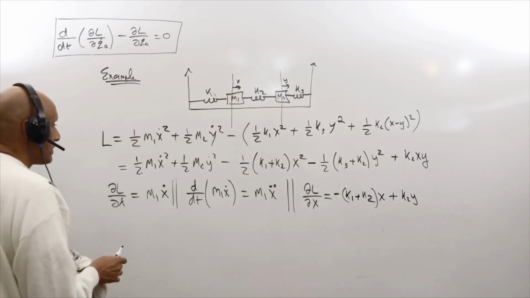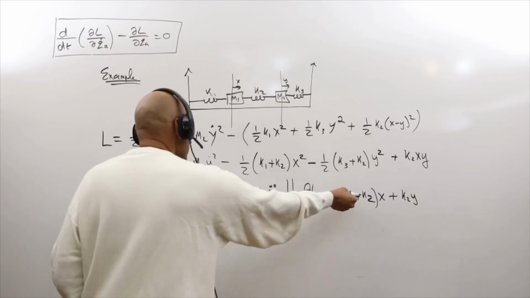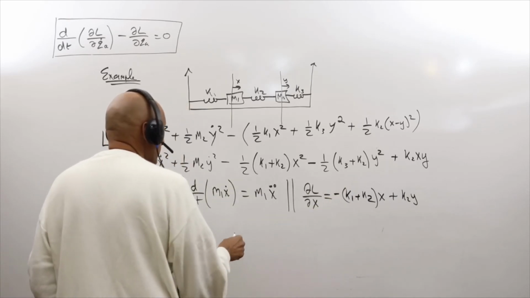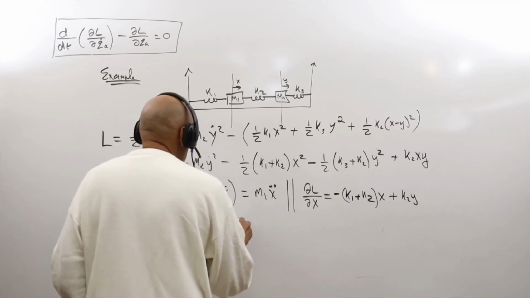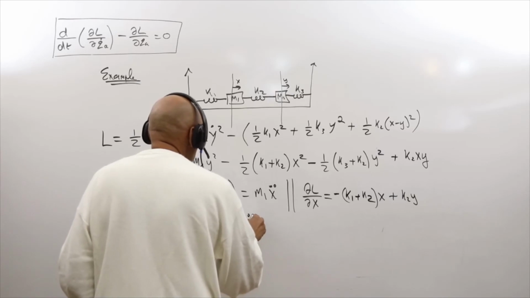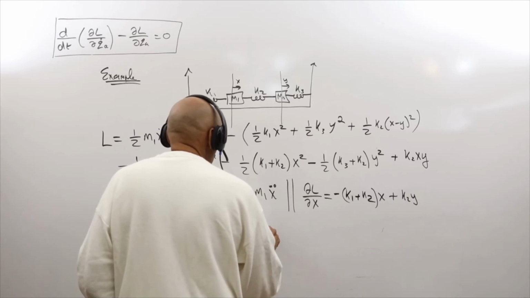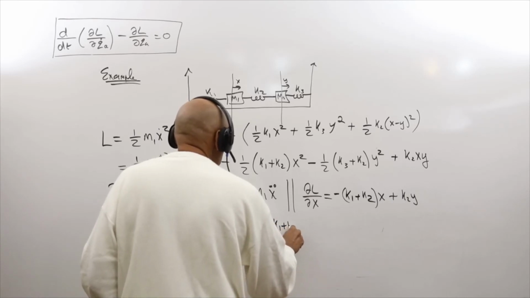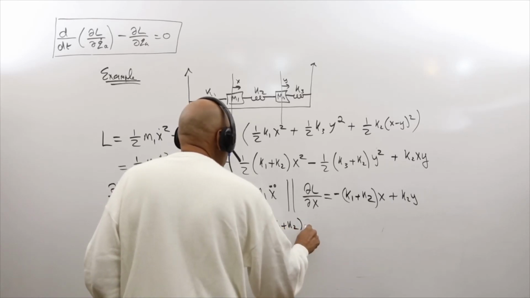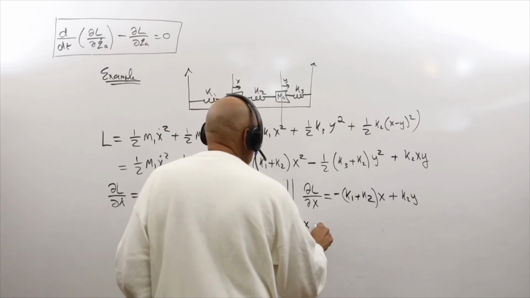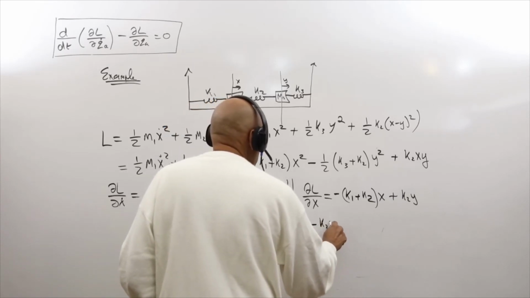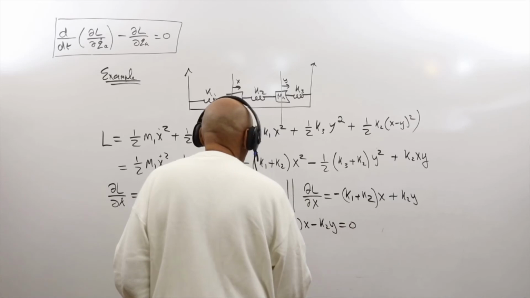And so we can say that this term minus this term is equal to 0. And so we get m1 x double dot minus (k1 plus k2) x minus k2y is equal to 0.